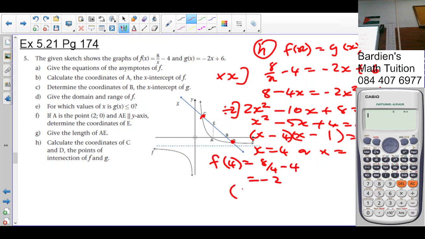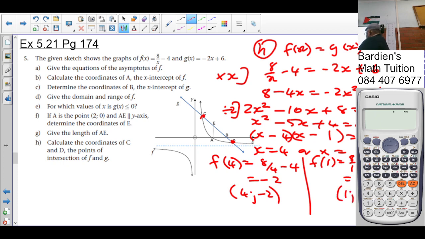So one coordinate is 4 and negative 2. On the other hand, f of 1 is 8 over 1 minus 4, which is 4. So it's 1 and 4. But to answer the question, they want you to give the coordinates of C and D. So C is going to be 1 and 4, and then D has to be 4 and negative 2. Okay?